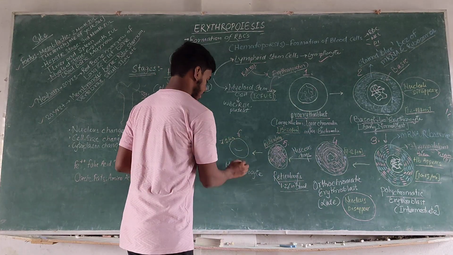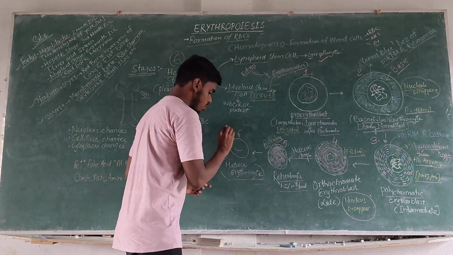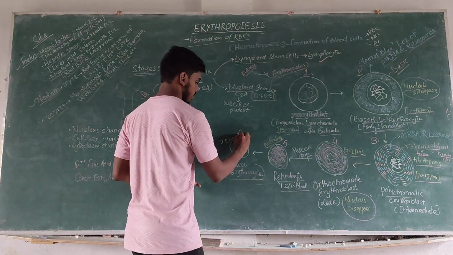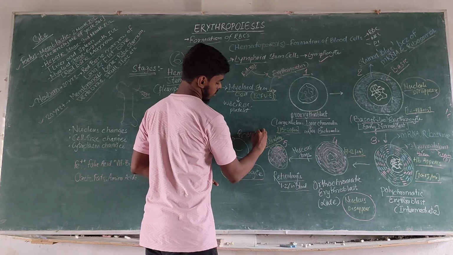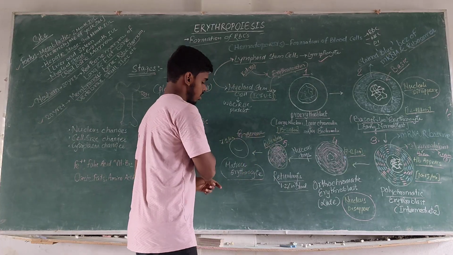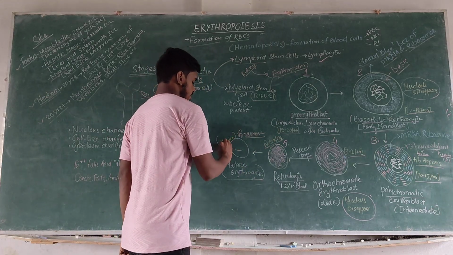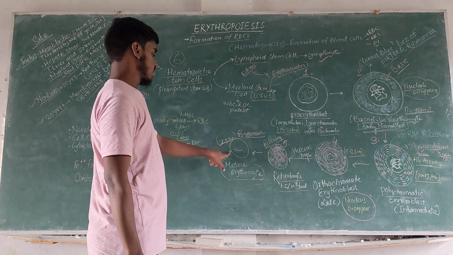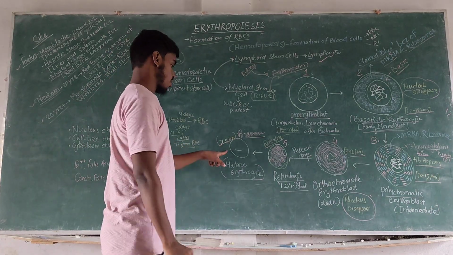And next stage is mature erythrocyte. What is it? This is the final product. This is the biconcave shaped product, and the size is 7.2 micrometer. This is the final product, and it is ready to go. And it is condensed.